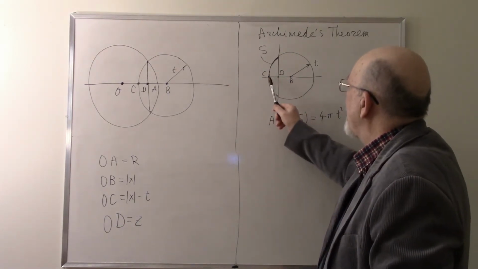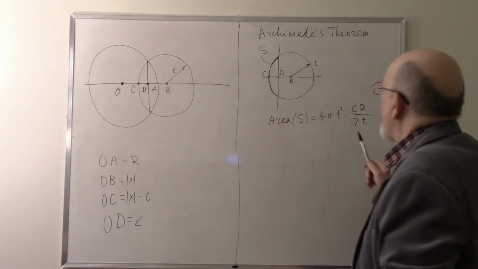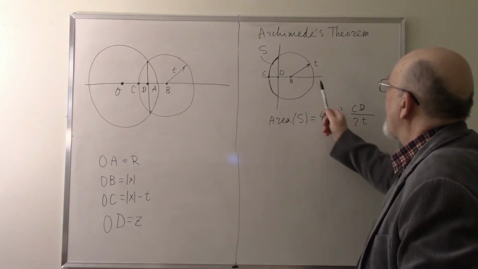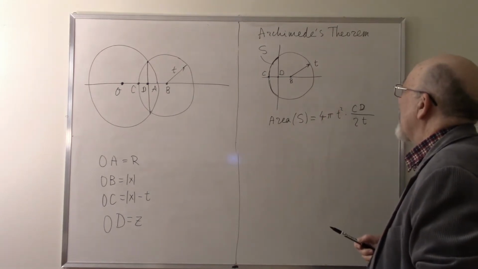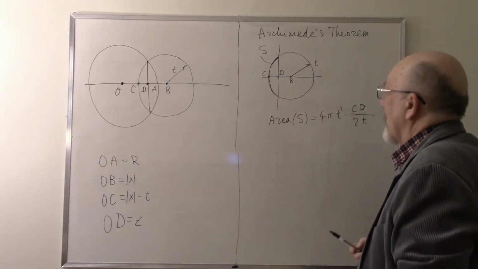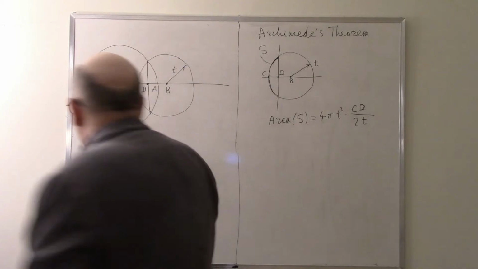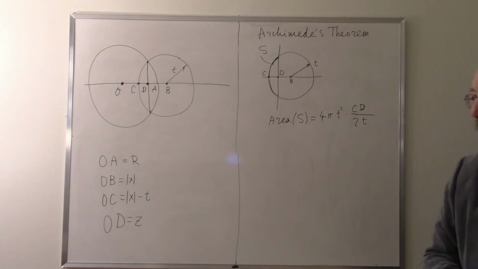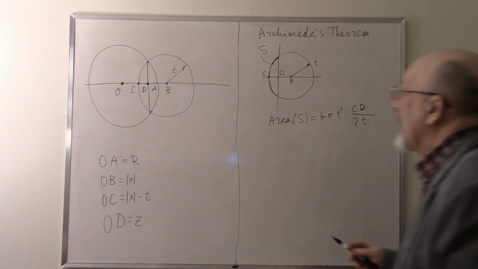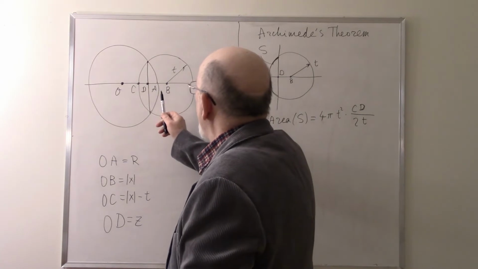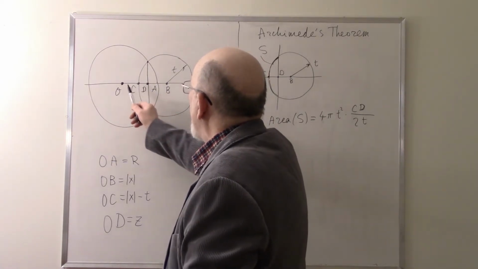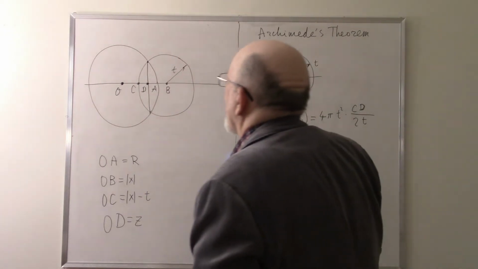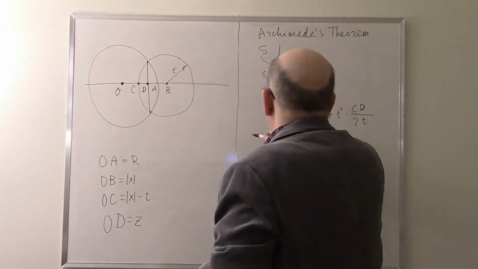When this distance is 0, the area of course is 0. When the distance equals 2t, the area is 4 pi t square. For intermediate values it's somewhere in between. So this is the Archimedes theorem which I am using. So here we have all the elements. We have only to find this distance between the points O and D.